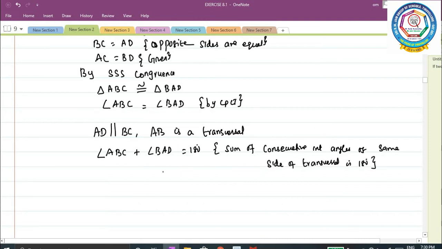Otherwise you can say it is a co-interior angle. So ABC plus BAD is equal to 180 degrees.